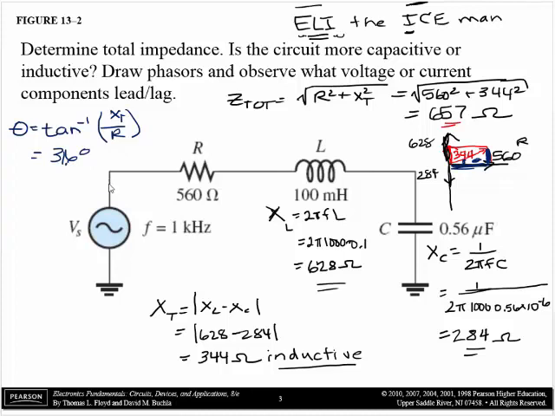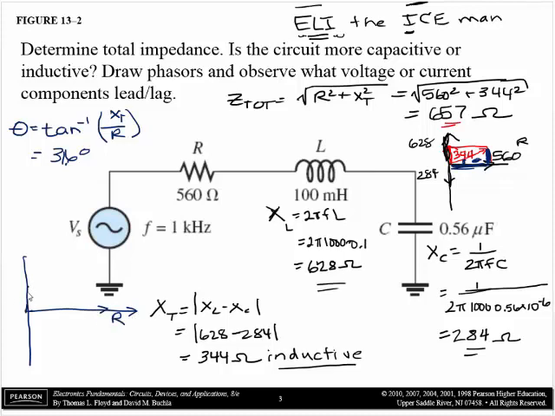So if it's inductive, what are the current and voltage components doing? We look at our little formula. Voltage leads current in an inductive circuit. So current is still in the direction of R. I'm going to redraw my picture here. R is in this direction.